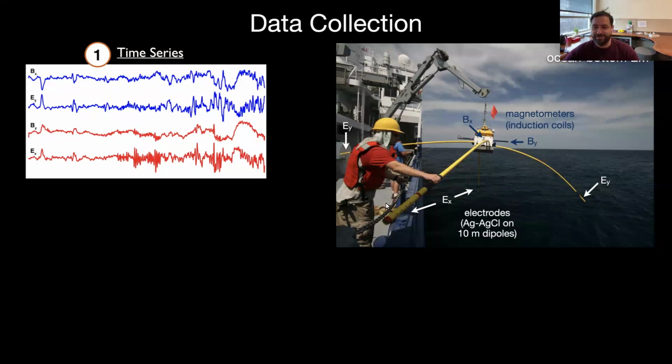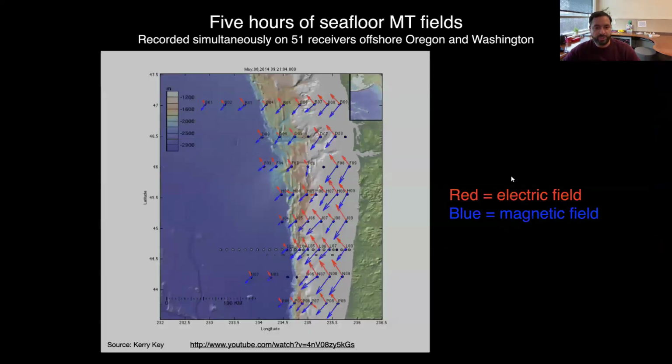On a ship, 10 meters is about as long as we can get away with. There are also long arm instruments that we can deploy, but those take significantly more effort, though they might give you much higher quality data if you're really trying to get at, let's say, controlled source imaging of the deeper mantle.